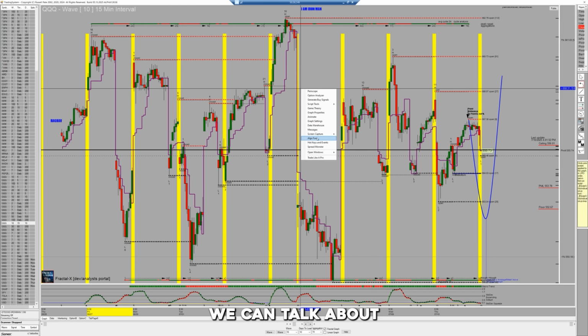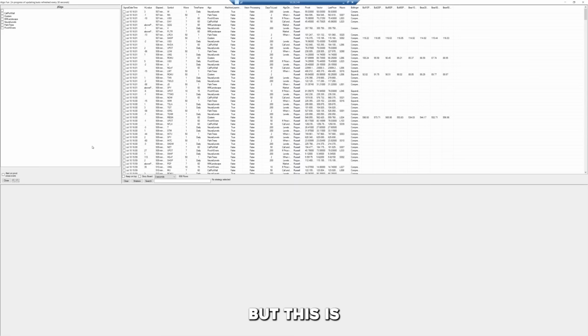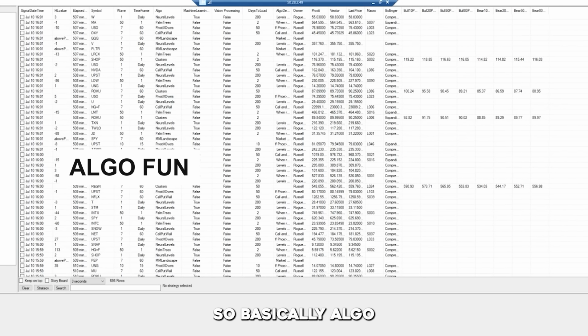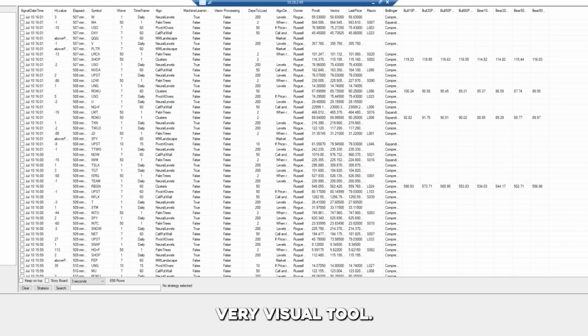Next up, we can talk about the algo fund. So this is the algo fund. Basically, the algo fund is a very visual tool, and it gives you an edge over your setups.